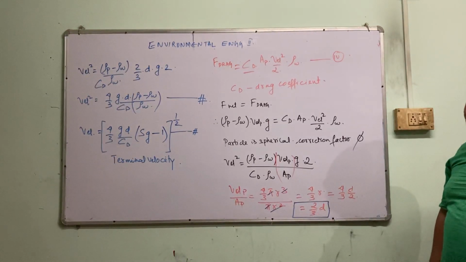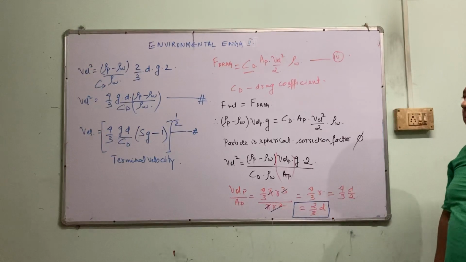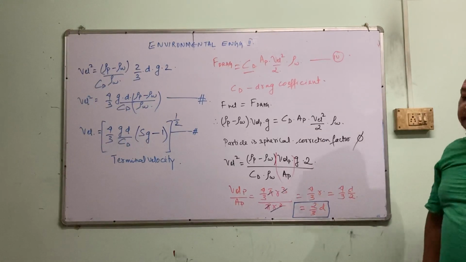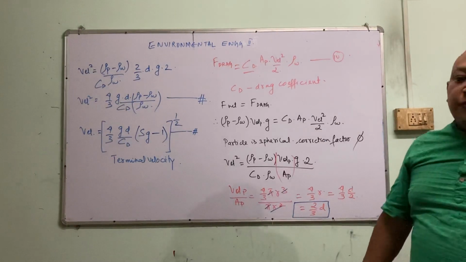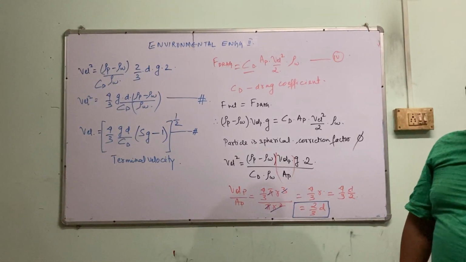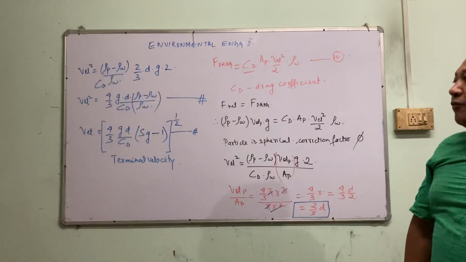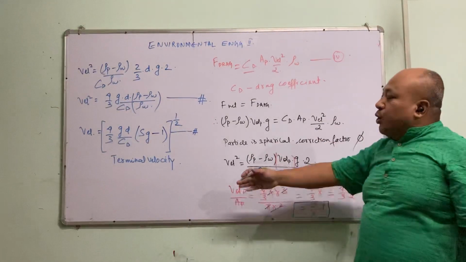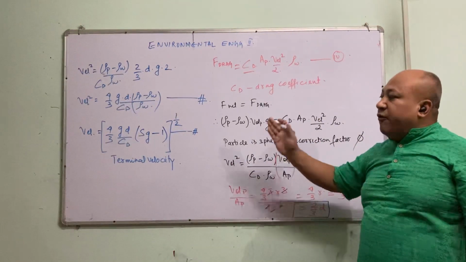Now, CD is the drag coefficient. We have different types of flow, like laminar flow, transitional flow and turbulent flow. In this equation, we have not derived what the type of flow is.